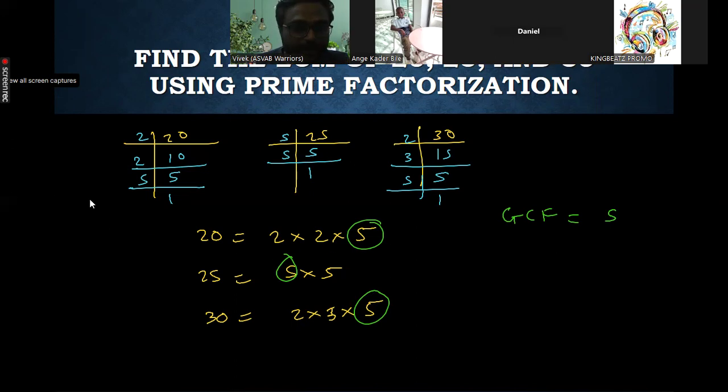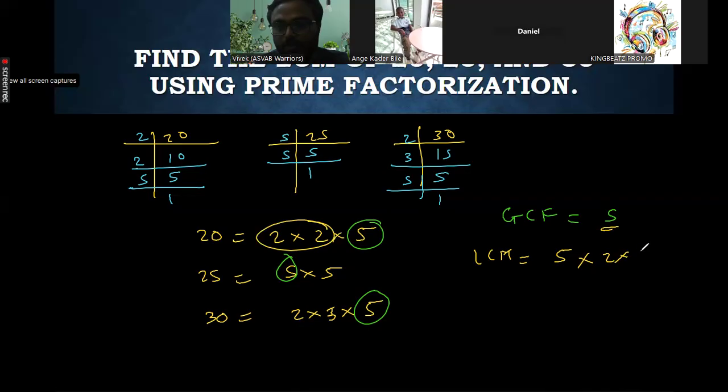Now let's try to find the LCM. Take down the number that was common and multiply it with all the remaining numbers. 2 times 2 times 5 times 2 times 3. Because it is multiplication, you can just multiply two numbers at a time.